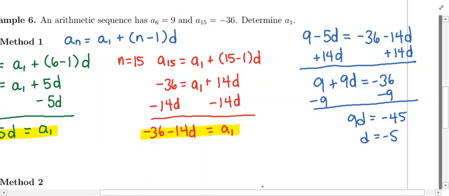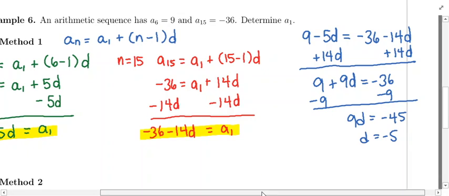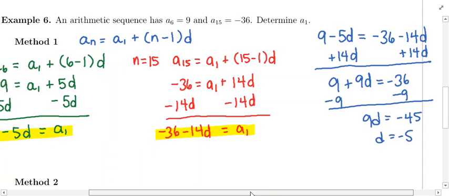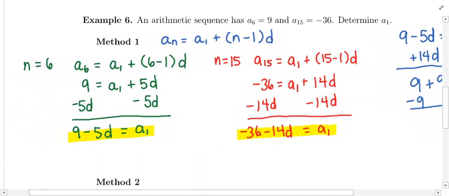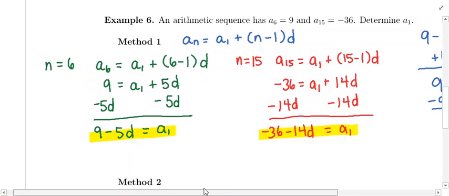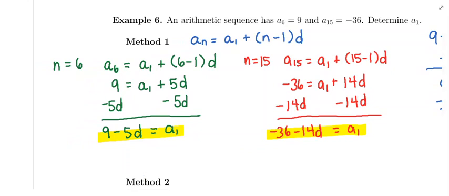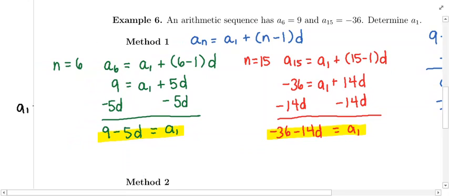So I know the D value, and I can use this information to now go and get A1. If you look at either of these equations highlighted yellow, since we know the D value, we can plug it in to get A1. I'll just use the first one. We know that A1 is 9 minus 5D.